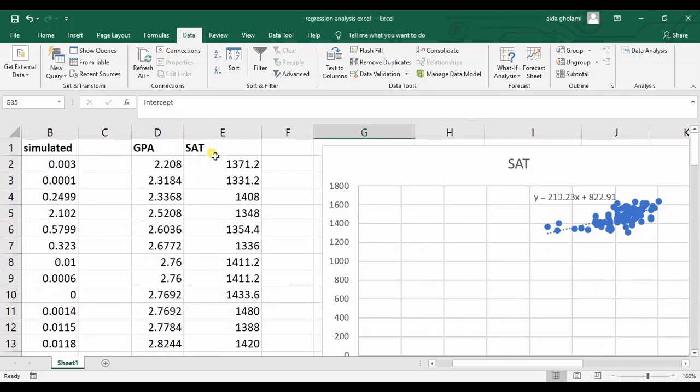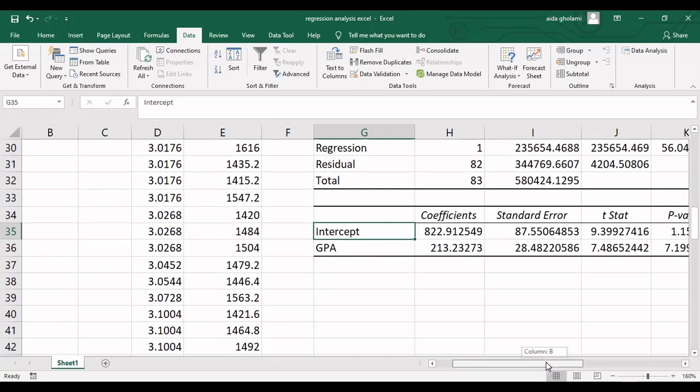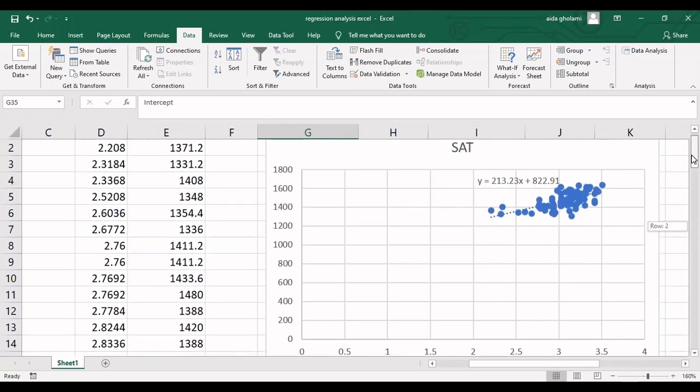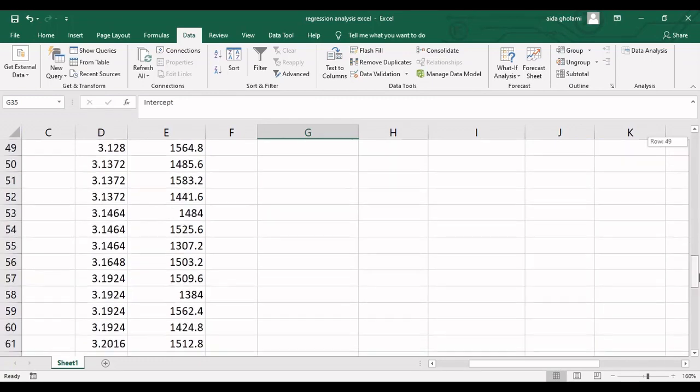Okay, so no matter how much your GPA is, you can get 822 in SAT. So that was the meaning of intercept, and you can see graphically what it means. It's this distance. This is the intercept.